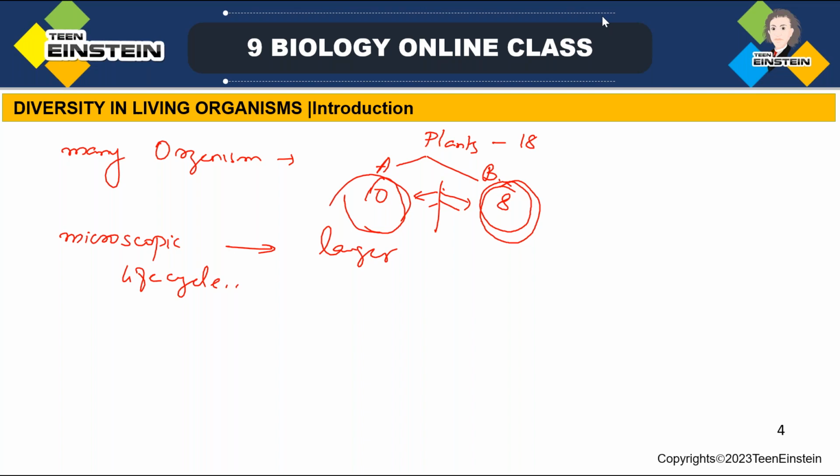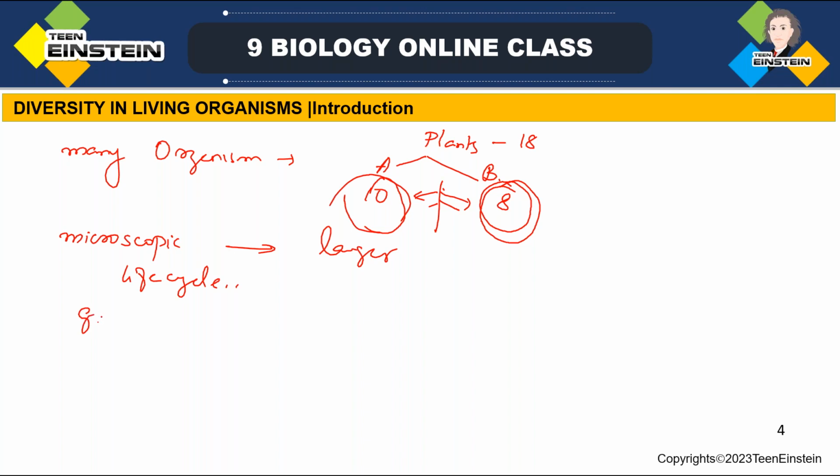Life cycle differences will be there, nutrition differences will be there. So in order to make relevant groups to study the variety of these life forms, we need to decide some characters or some features.